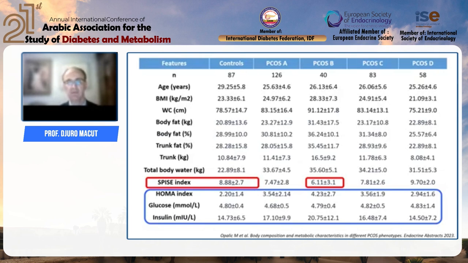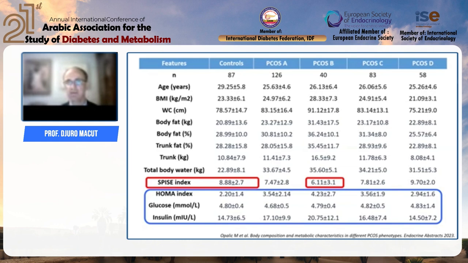In one of our recent papers, we analyzed a group of women with polycystic ovarian syndrome. We found that in the controls the SPISE index was 8.8, and it was lowest, meaning most resistant, in phenotype B, which is presumed to be the most hormonally affected condition in women with PCOS.